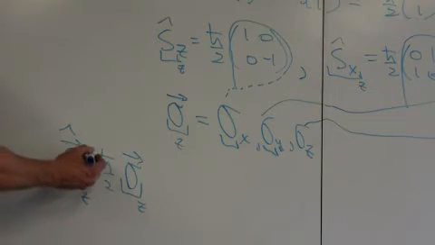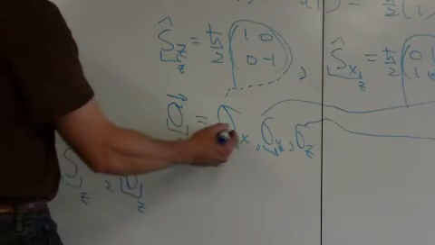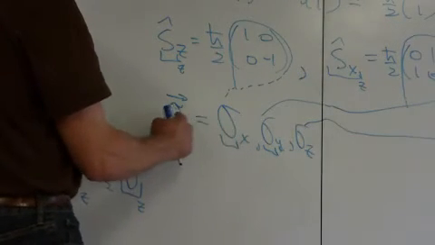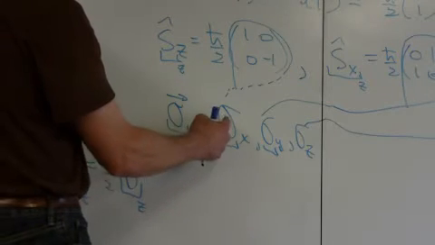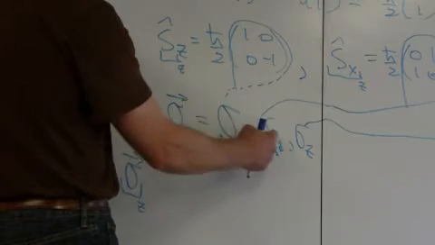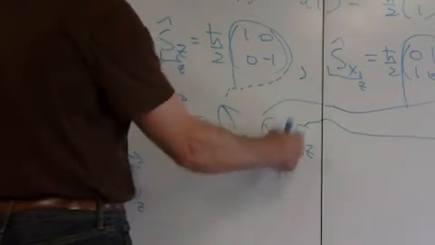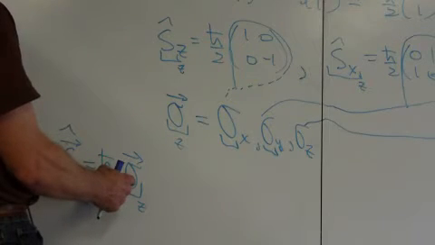And what I say is it equals ħ/2 times this vector of three matrices: the x component, the y component, and the z component. So the spin is just ħ times this thing.